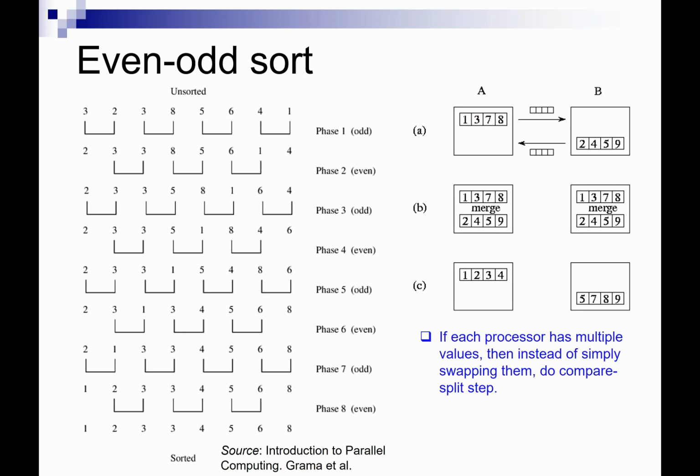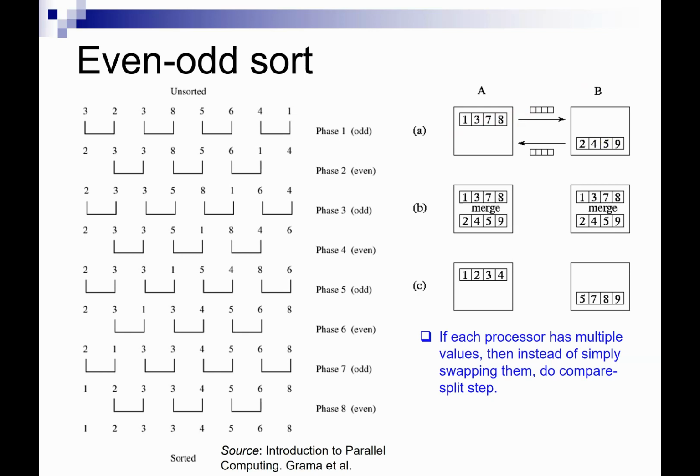Then here, instead of swapping the values between A and B, what you want is to take all 8 values, and give the smaller 4 of these 8 values to A, and give the larger half of the values to B. So A and B are going to send each other their values.